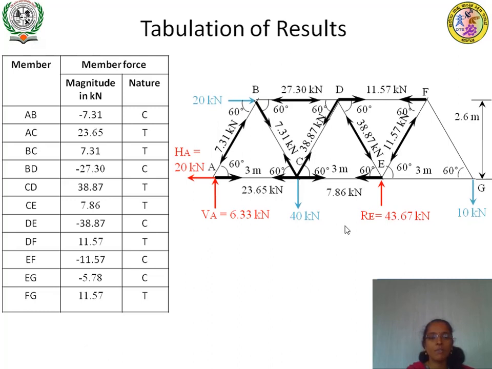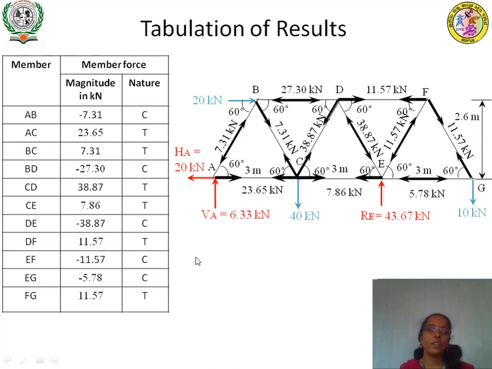EG minus 5.78, again compressive force, arrow mark should be towards the joints, and FG tensile force of 11.57, arrow mark should be away from the joint. So this is how you should represent the member forces pictorially. Either you can represent the forces like this or you can tabulate like this.